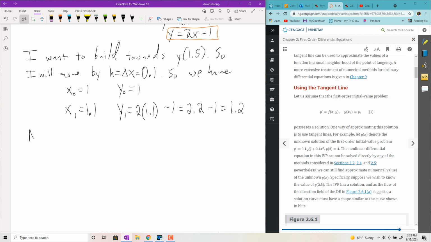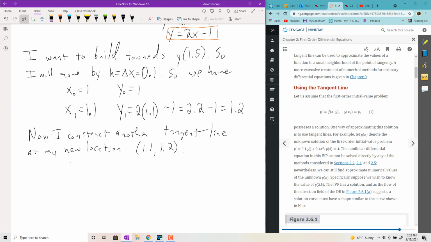So now I construct another tangent line at my new location, which is now 1.1 comma 1.2.